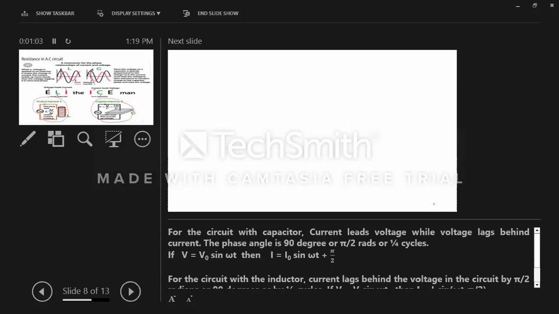Or one can as well say that voltage lags behind current by 90 degrees, or by pi over 2, or by a quarter cycle. And we can as well write it mathematically as V equals V naught sine omega t. Then, since current leads voltage, you will now add pi over 2 in this expression.